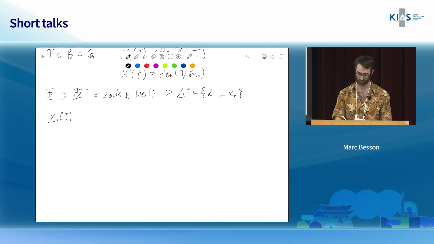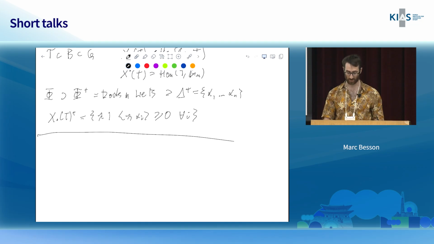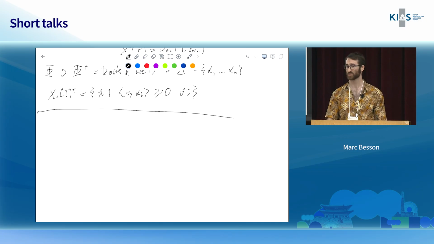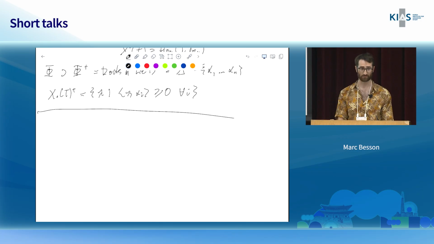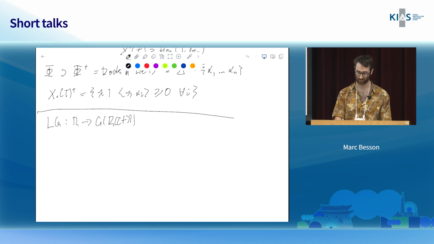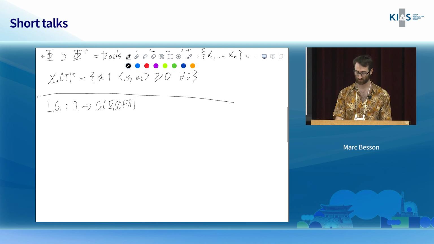We've seen these a couple times already. So the dominant coweights are going to be the lambda such that the pairing of lambda and the alpha i's is greater than or equal to 0 for all i. This is some notation that we've all already seen. I'm going to need the affine Grassmannian. So we have the loop group, which sends C-algebras R to G valued in R Laurent series in a uniformizing parameter t.